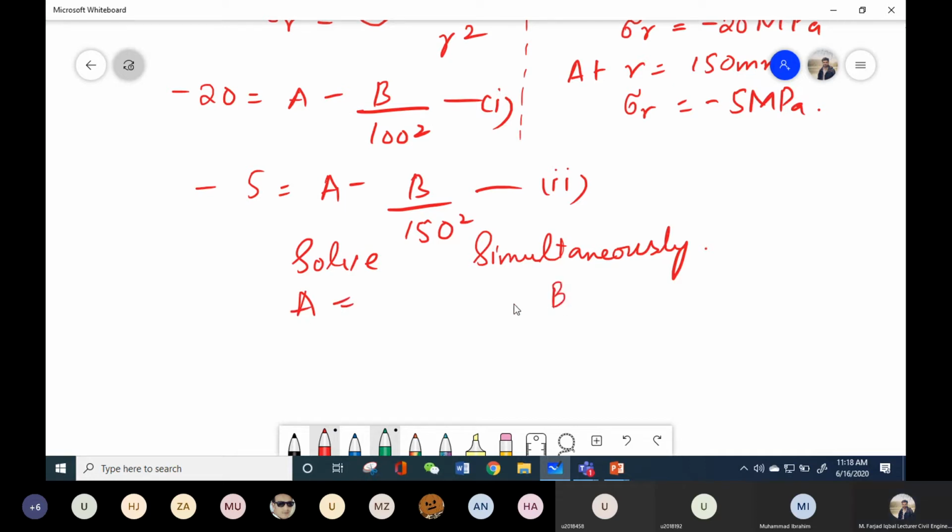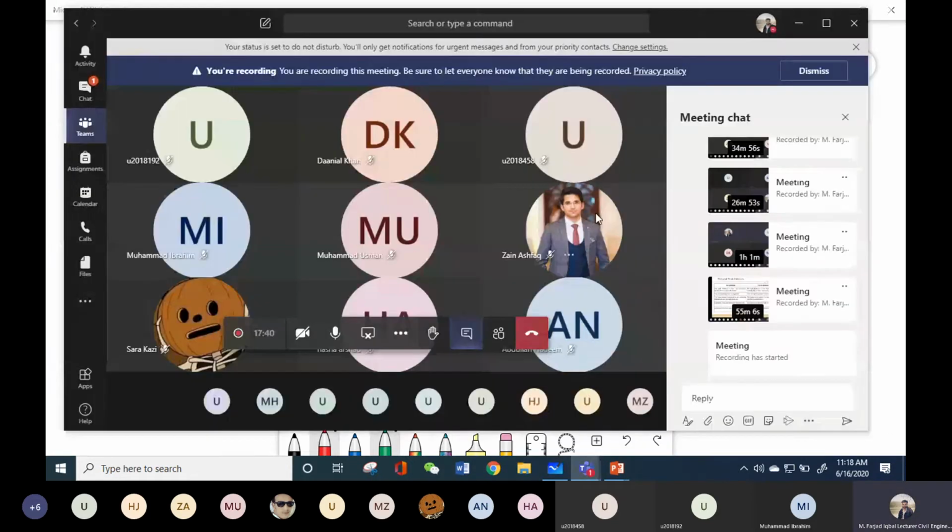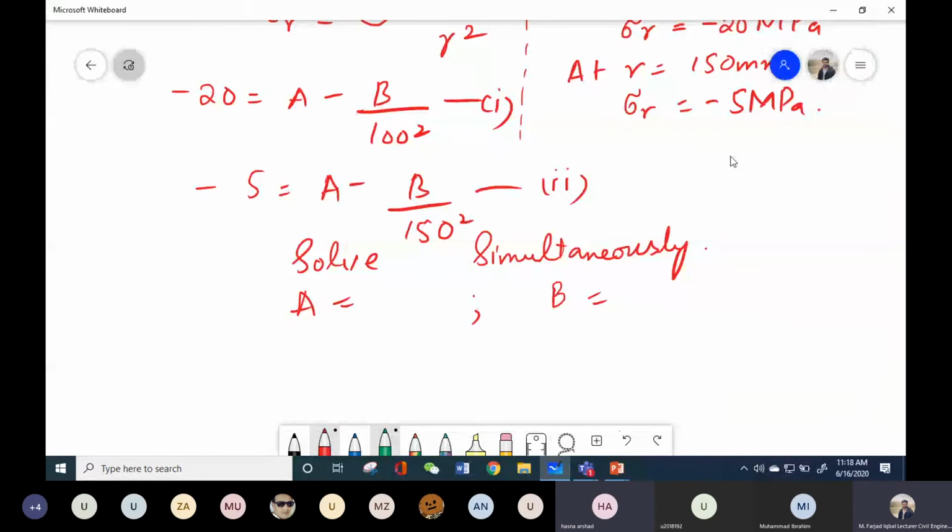Anyone? Daniel. Sir, 0.27. B. B is 0.27. Can anyone else compare these values?